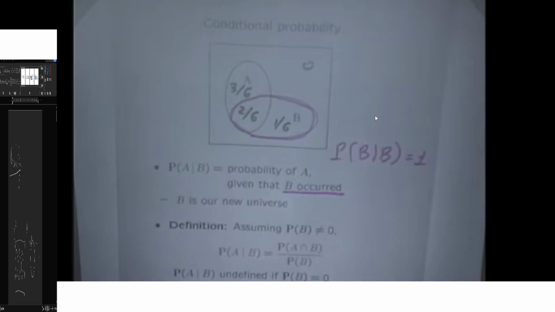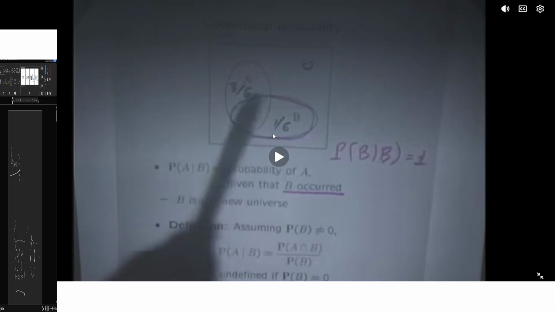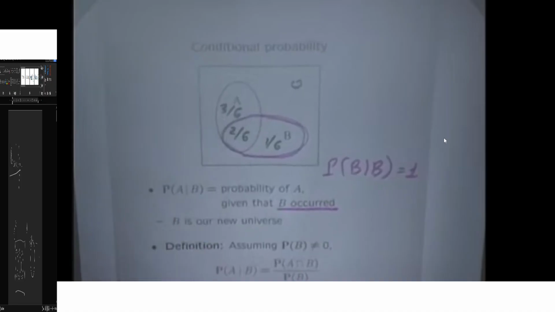Here's how we're going to think about it. This part of the set B, in which A also occurred, in our initial model was twice as likely as that part of B. So outcomes inside here were collectively twice as likely as outcomes out there.